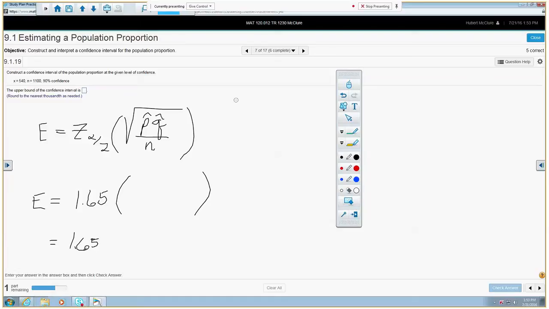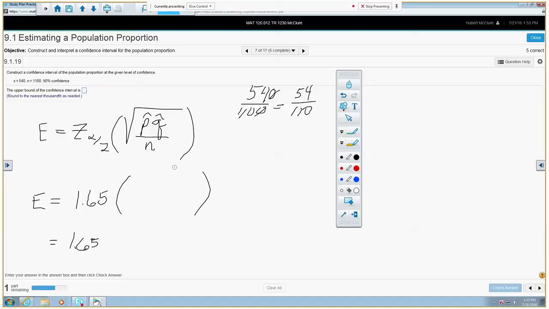540 over 1100. Take out one of the zeros: 54 over 110. You're going to have to calculate that one.